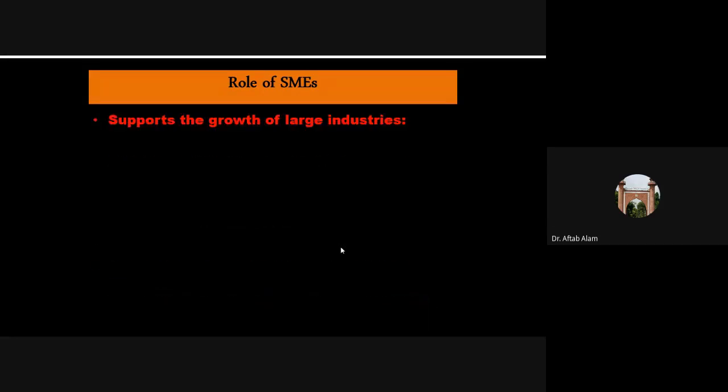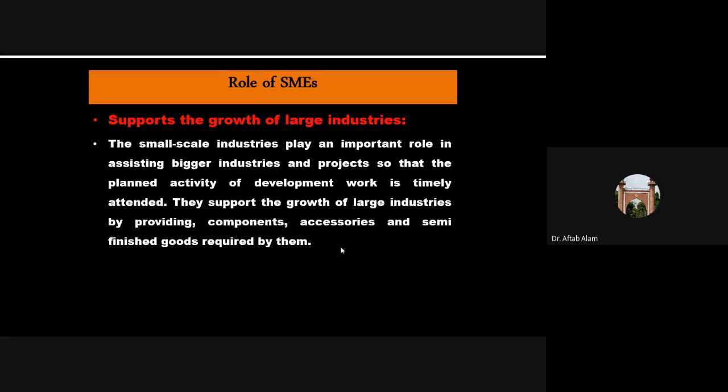Next point is it supports the growth of large scale industries. जो SMEs होते हैं ये large scale industries को भी help करते हैं, because you know that large scale industries do not produce each and everything in whatever business they are in.